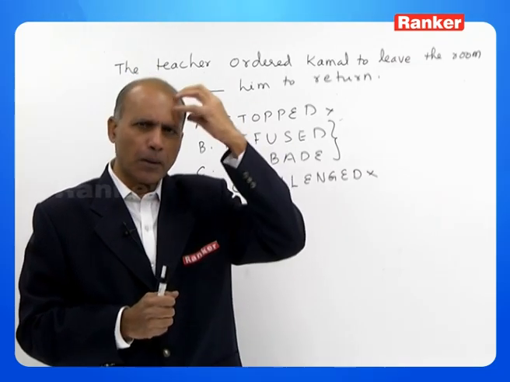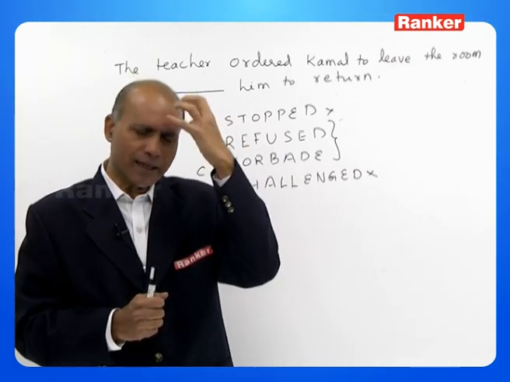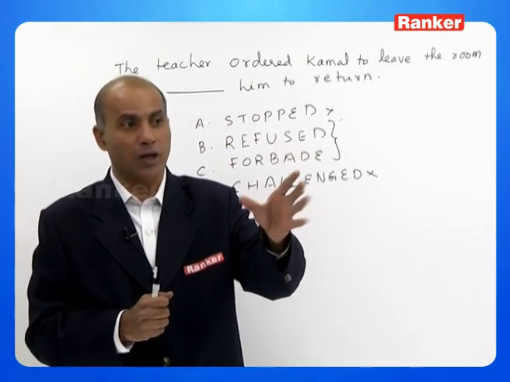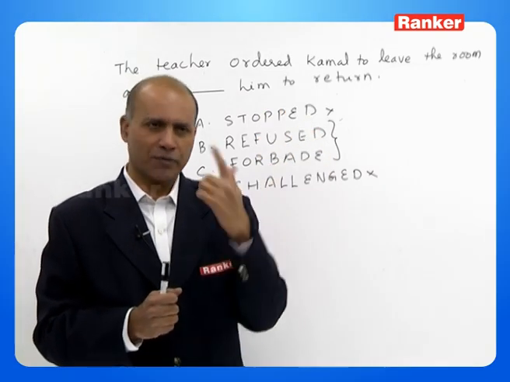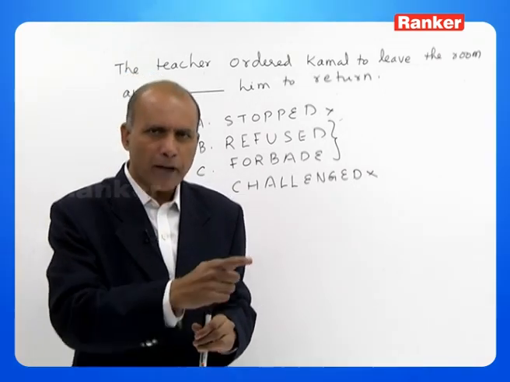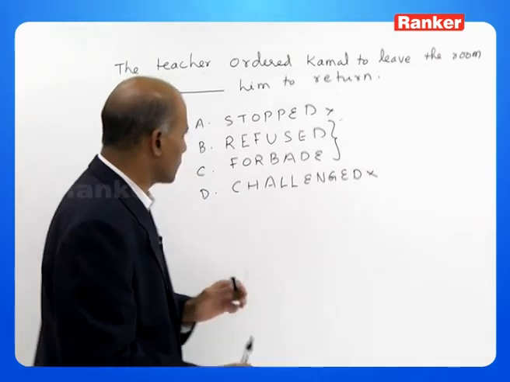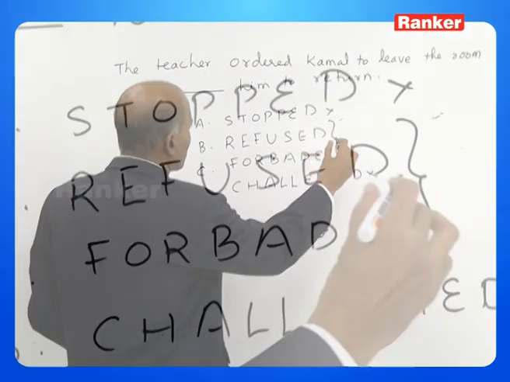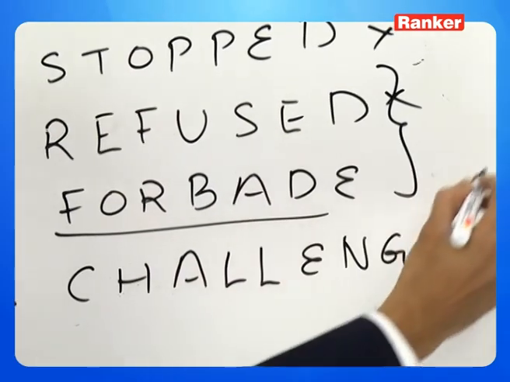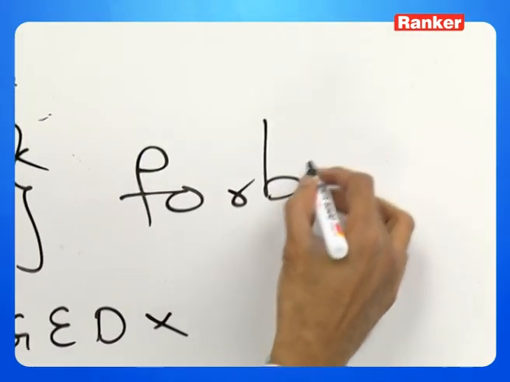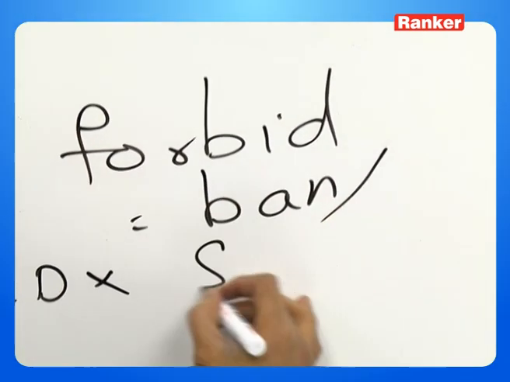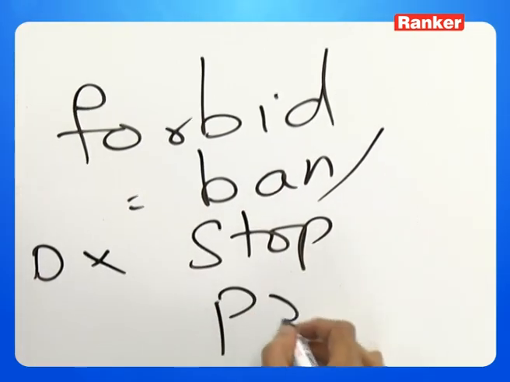But in many people's minds, refusing is stuck as saying something is not required, or don't do something. I refuse you to do this. You don't refuse somebody to do something. You ban or you prohibit somebody from doing something. So refused here doesn't give the meaning that you think it gives. So the correct answer is forbade. What is forbid? Forbid is to ban or to stop or prohibit something.